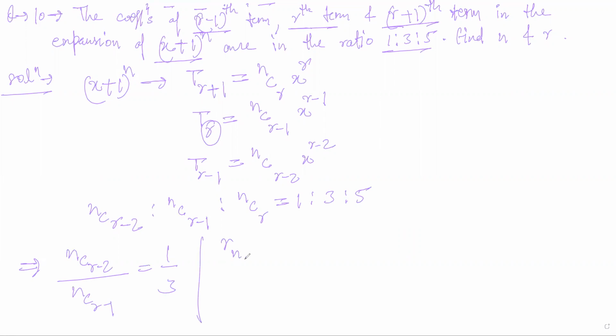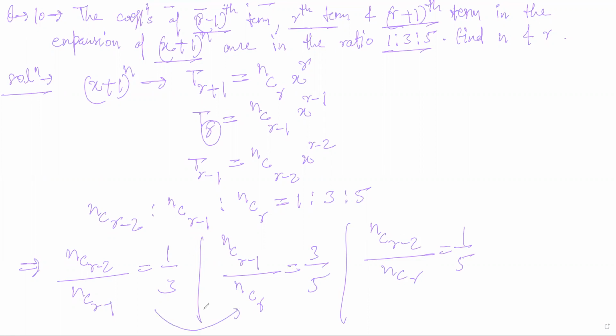The ratio of NCR minus 1 with NCR is 3:5, and NCR minus 2 divided by NCR is 1:5. You have these 3 key values provided. Solve them, find out n and r. You don't need all 3 equations. You can take any 2 and you'll be able to solve for n and r, because there are 2 variables, so you only need 2 equations.